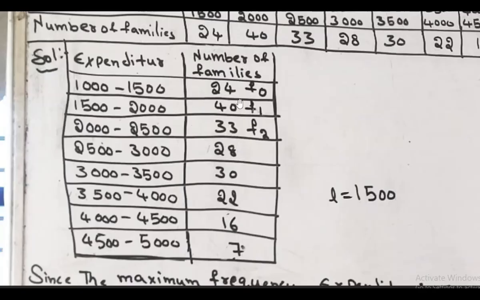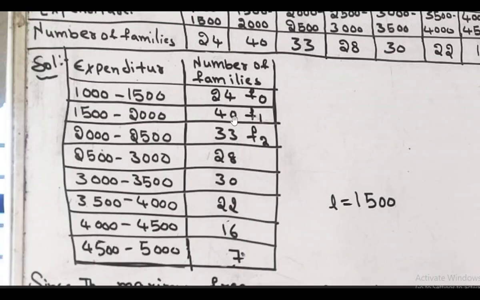Number of families, we are taking as the frequencies. 1000 to 1500, 24 families; 1500 to 2000, 40 families; 2000 to 2500, 33 families; 2500 to 3000, 28 families; 3000 to 3500, 30 families; 3500 to 4000, 22 families; 4000 to 4500, 16 families; 4500 to 5000, 7 families. Like that, we have written two columns.